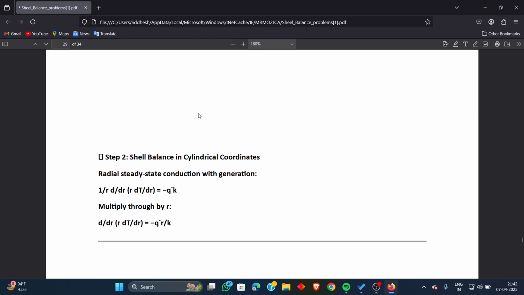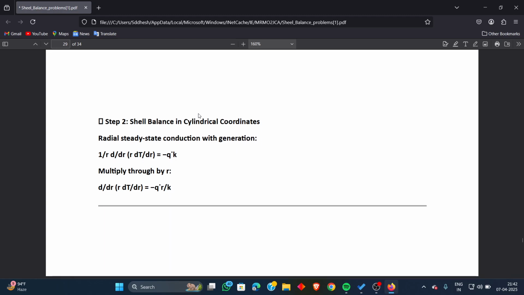Shell balance in cylindrical coordinates: radial steady state conduction with generation, 1/r d/dr (r dT/dr) = -q̇/k. Multiplying by r: d/dr (r dT/dr) = -q̇ r/k.